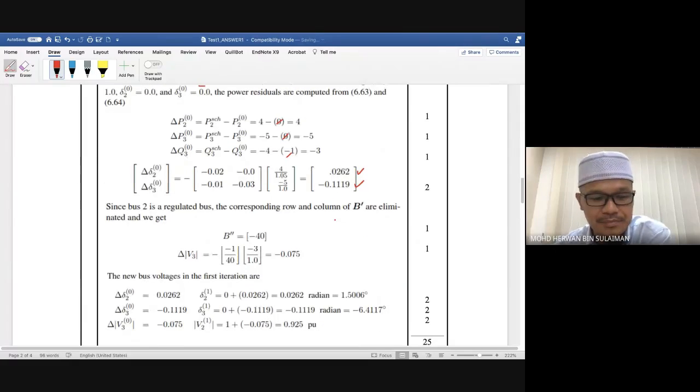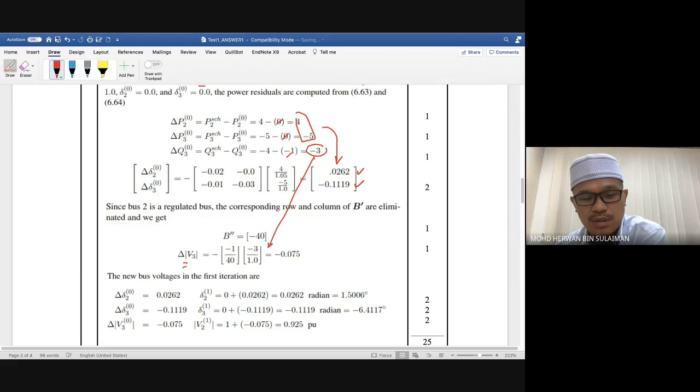And then so you cari B double prime sama, so 1 bagi 40 you dapat. Since ini 1 je, so delta V3 negatif 1/40 darat dengan negatif 3. These two guna untuk B prime. Yang ini guna untuk B double prime. Okay, so P kat sini, Q kat sini.